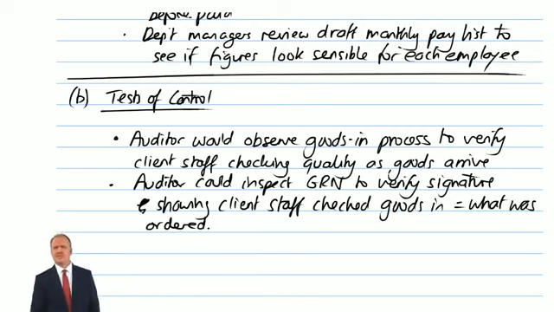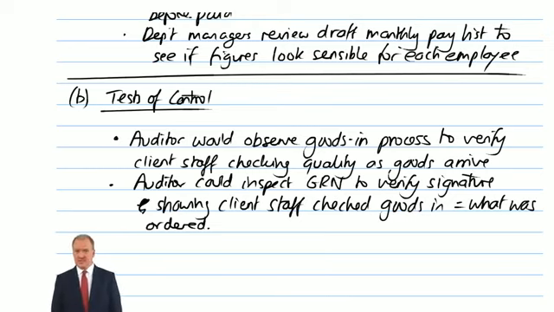So control procedures are what the client does. Tests of control are what the auditor does to check the client's procedures.